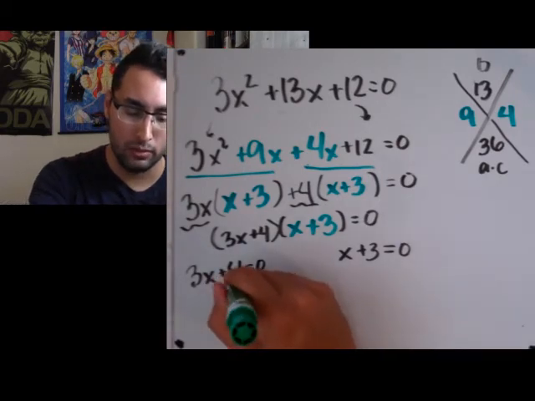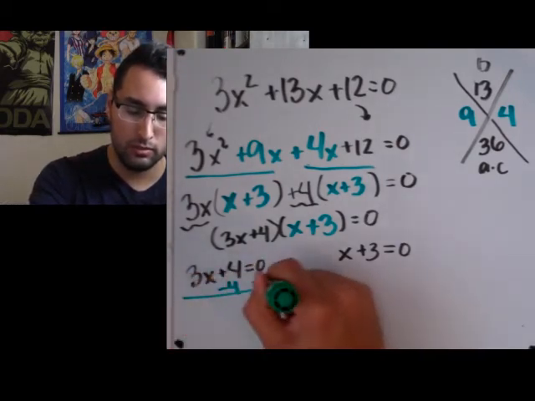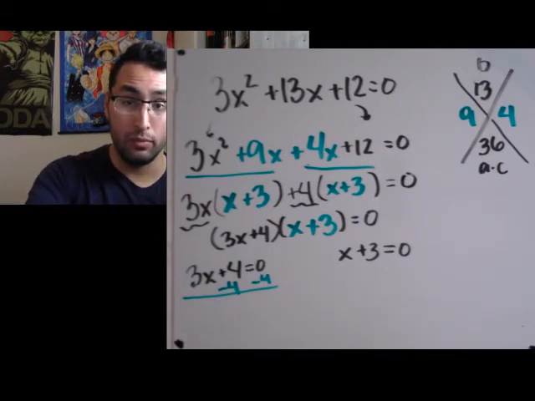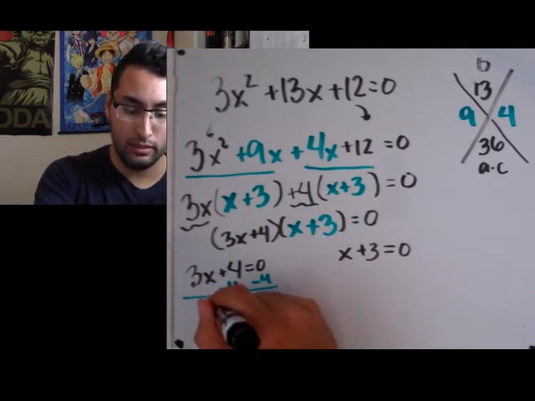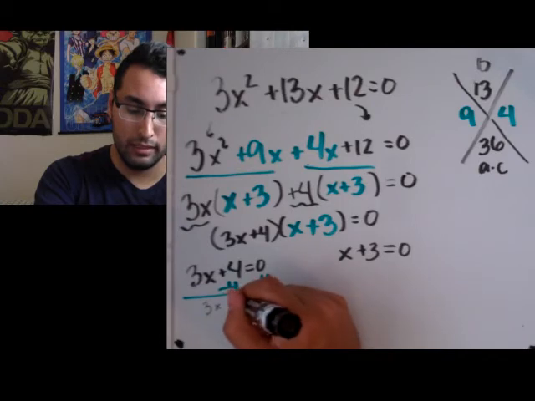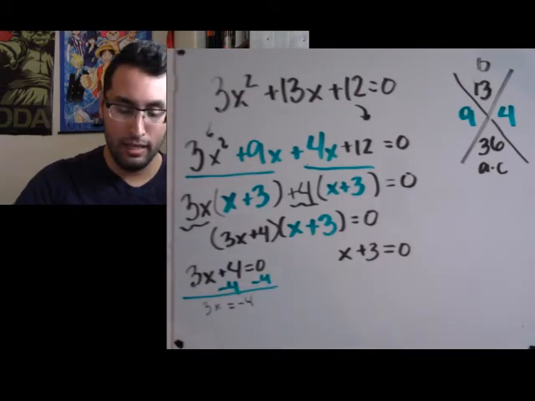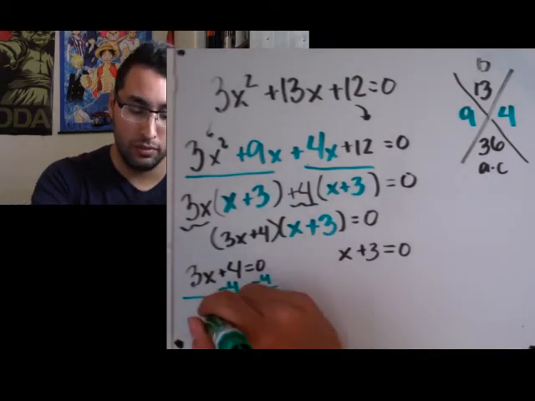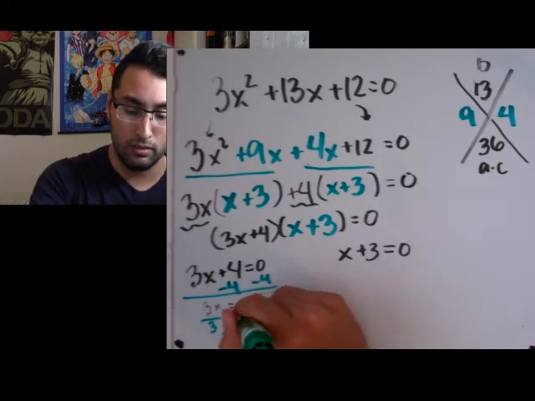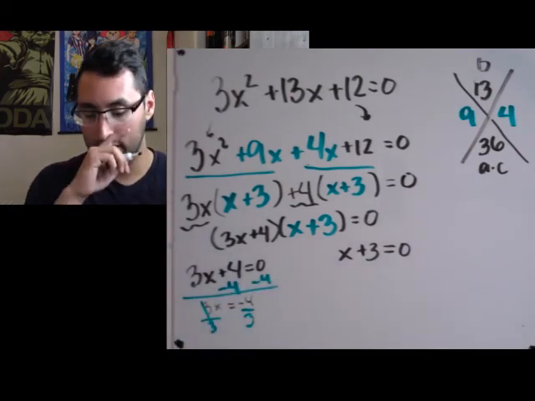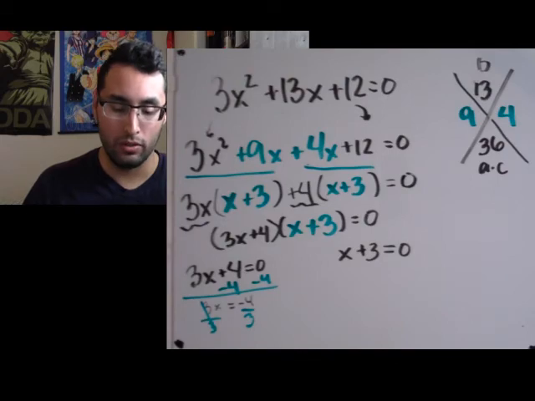So I'm going to subtract 4 from both sides. So in this case, we're going to have 3x equal to negative 4. And finally, I'd have to get rid of our coefficient of 3, so I'd have to divide by 3. Okay. And if I did that, x is equal to negative 4/3.